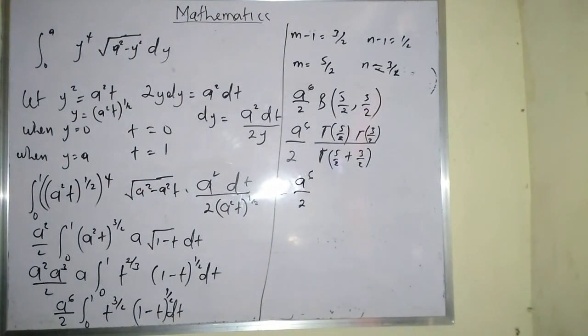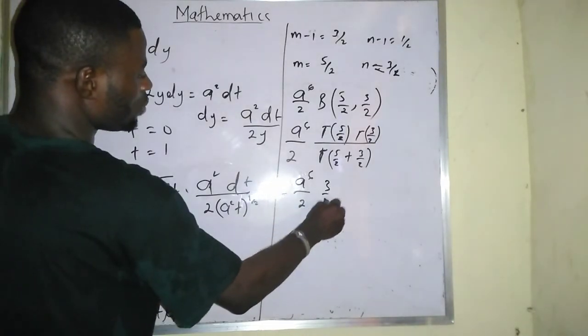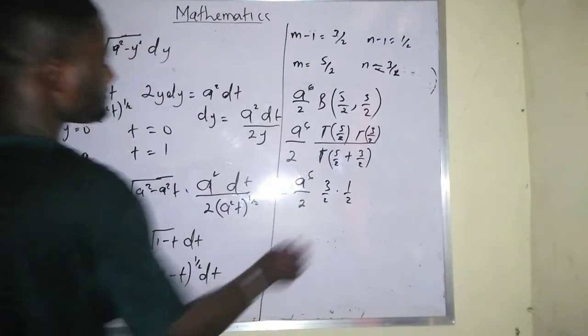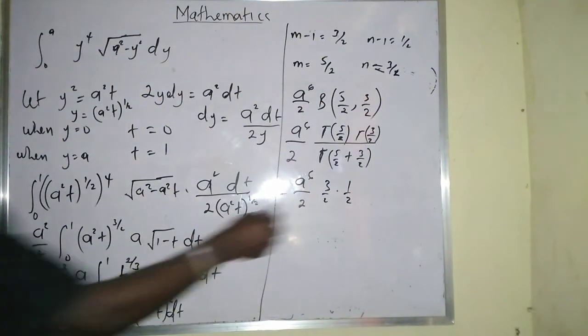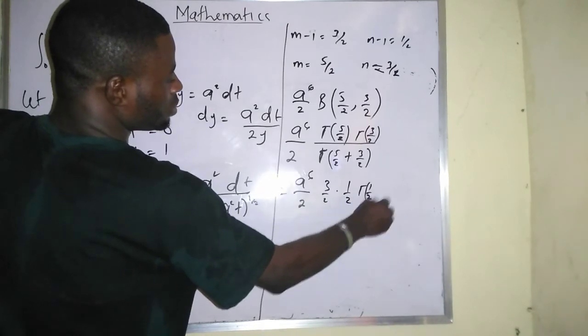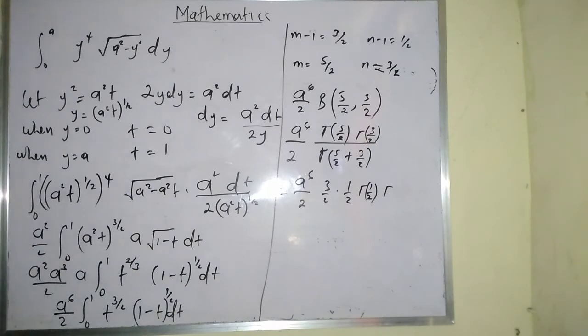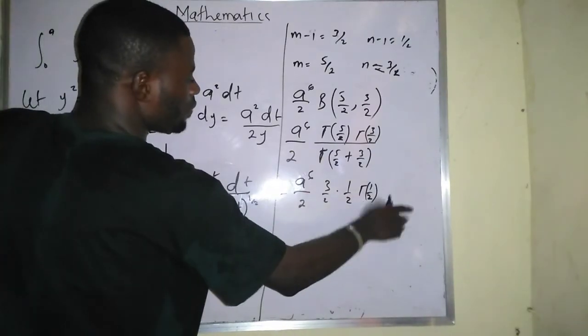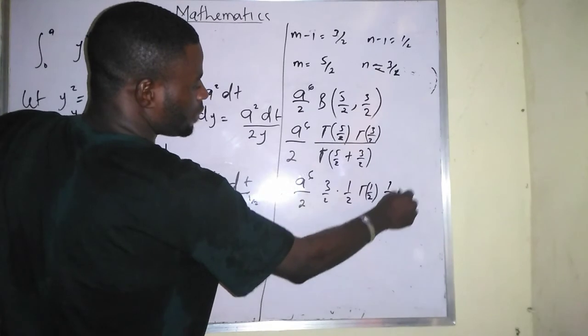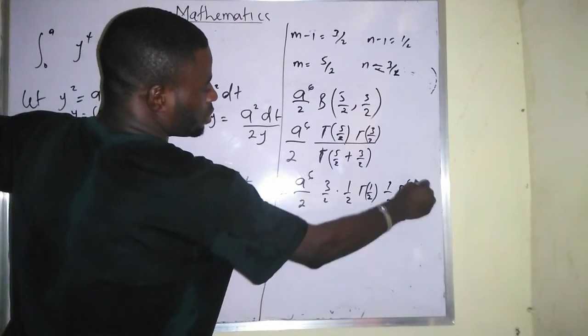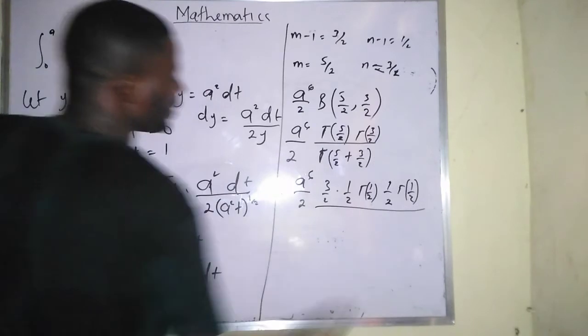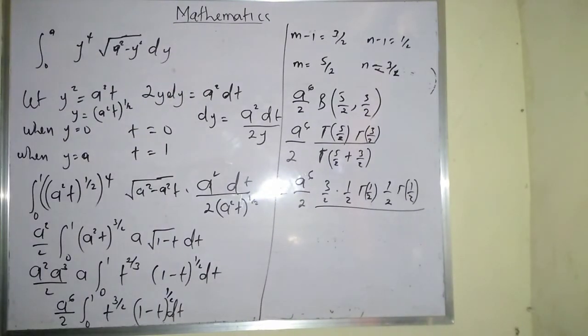Since my a equals to power 6 all over 2, I can now move on by having 3 all over 2 dot 1 all over 2, gamma of 1 all over 2, gamma of 1 all over 2, all divided by gamma of 4.